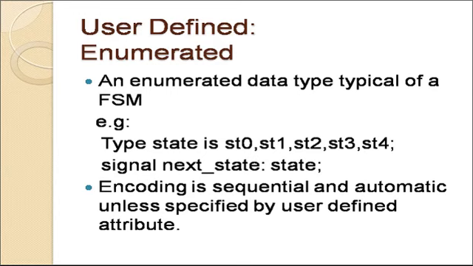For this particular thing I can say that next_state is a signal object of the type state, where state is a user defined enumerated type which can take the values from st0 to st4. This particular thing will be essential when we go for the examples of FSM.